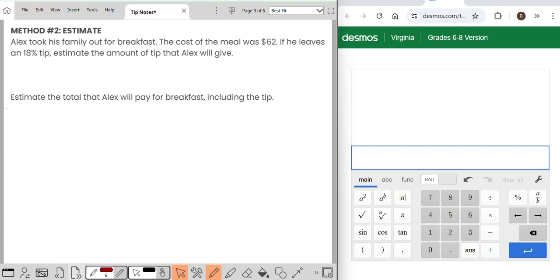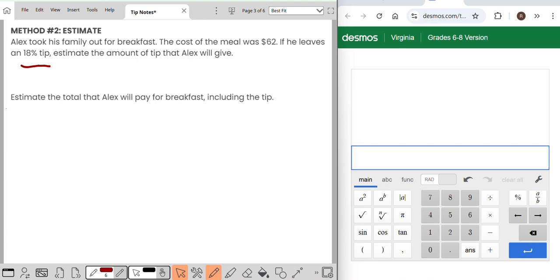So let's look at this and talk about estimating. It says, Alex took his family out for breakfast. The cost of the meal was $62. If he leaves an 18% tip, estimate the amount that Alex will leave.